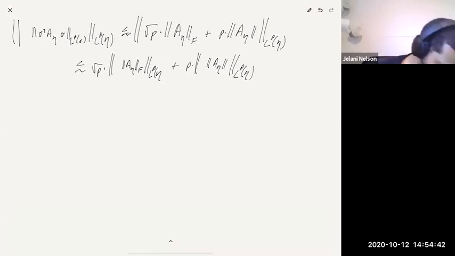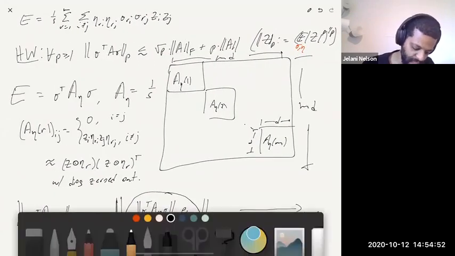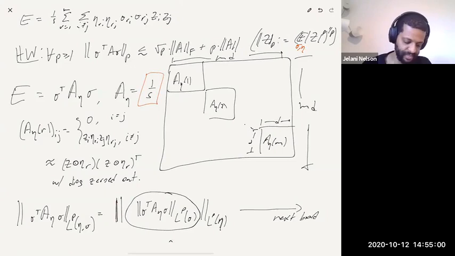Look, A eta R is just equal to, and by the way, the way I defined A eta there's a 1 over S on the outside of everything. Unfortunately, I didn't put 1 over S in the definition of A eta R, so we just have to remember to divide by S at the end.